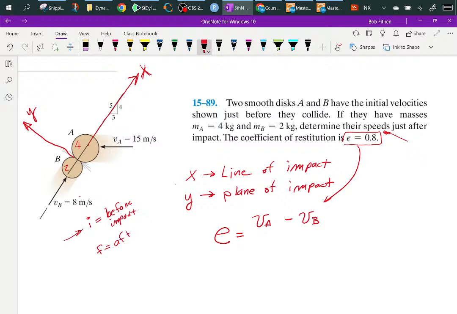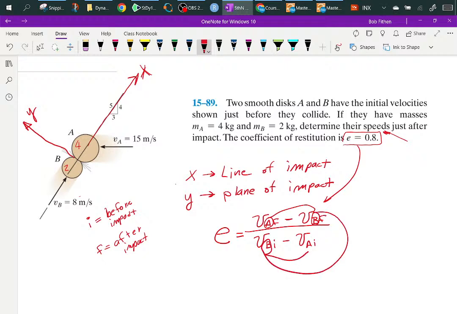I'm doing that for initial and final. And here's velocity of B initial minus velocity of A initial. As I remember, whatever sequence I have up here, I have the opposite sequence down here. Up here is after impact. Down here is before impact.